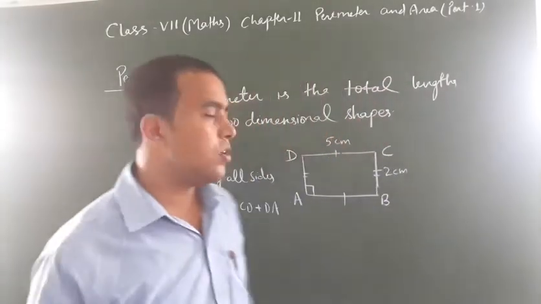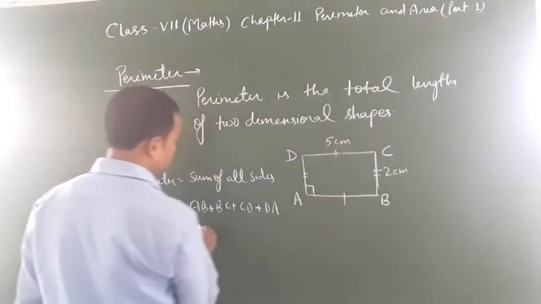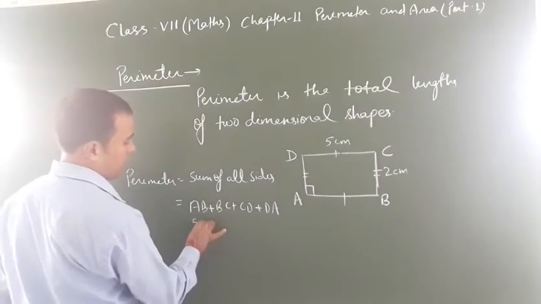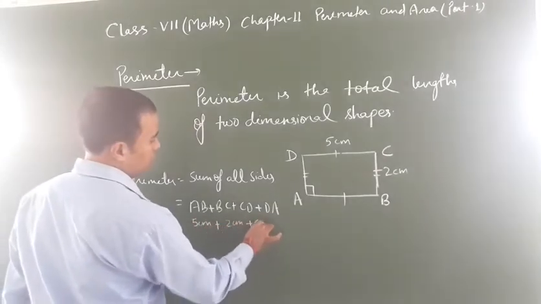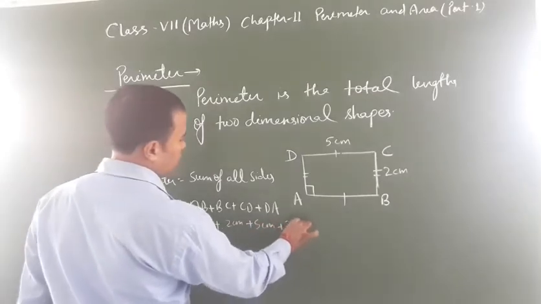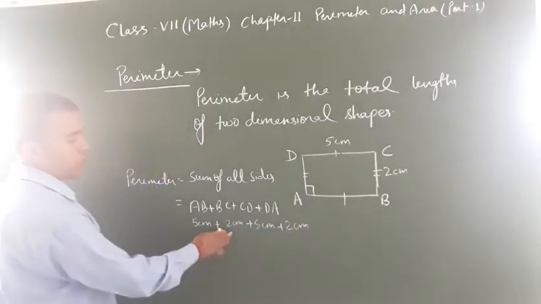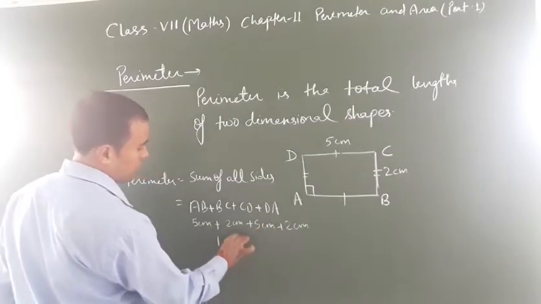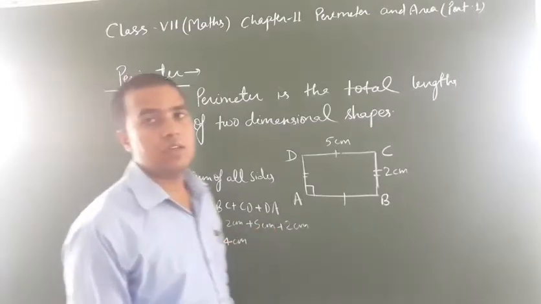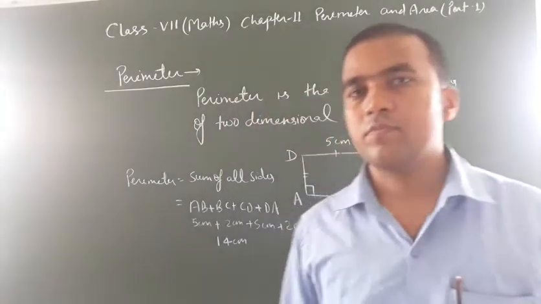After that put the values. AB is 5, BC 2, CD also 5, DA also 2 centimeters. 5 and 2 is 7, 7 and 5 is 12, up to 14 centimeters. Clear?